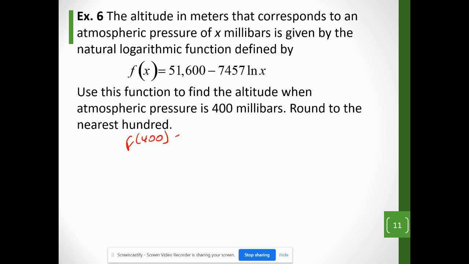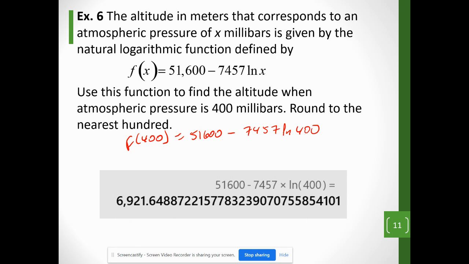So f of 400 is 51,600 minus 7,457 times ln of 400. That's really what I'm asking you to do. I'm literally going to type this on my calculator: 51,600 minus 7,457 times ln of 400.